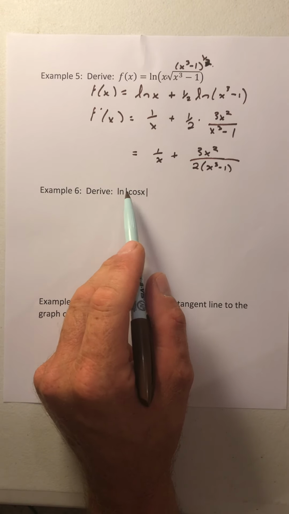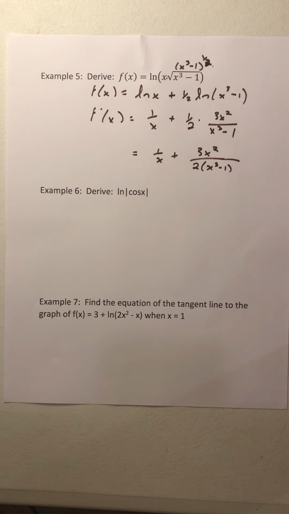Derivative of the natural log of the absolute value of the cosine of x. Why do we have the absolute value in there? Remember, some values of cosine could be negative, but we can't take the natural log of a negative value. So we have to have those absolute value symbols in there.